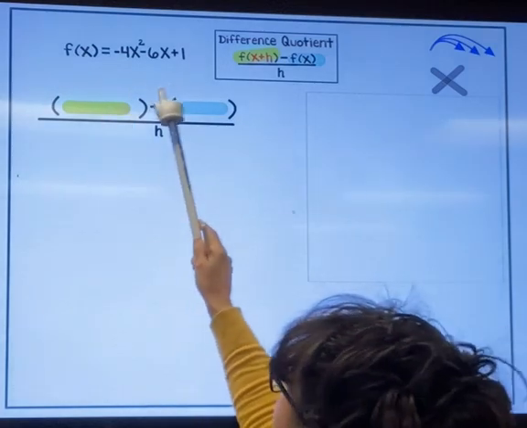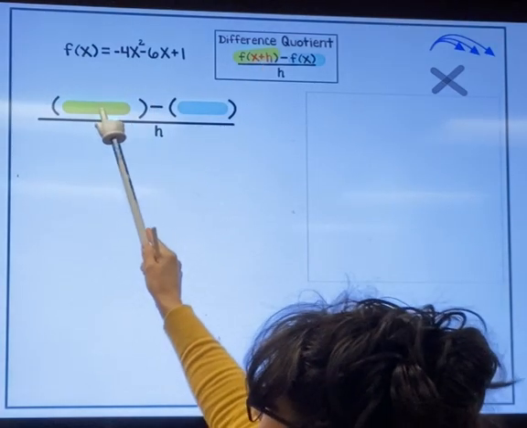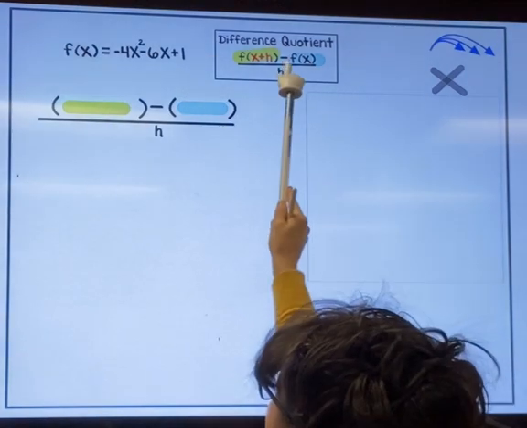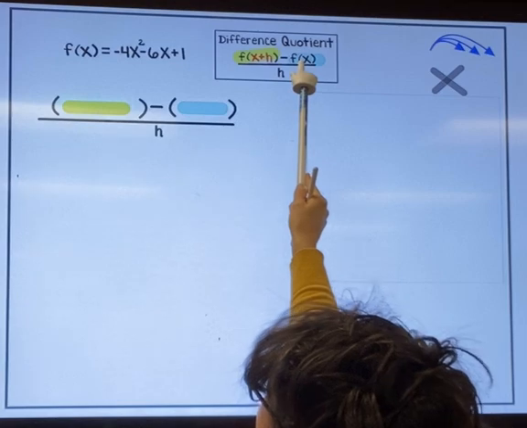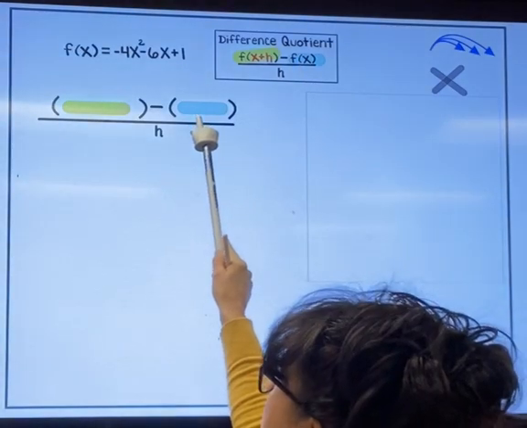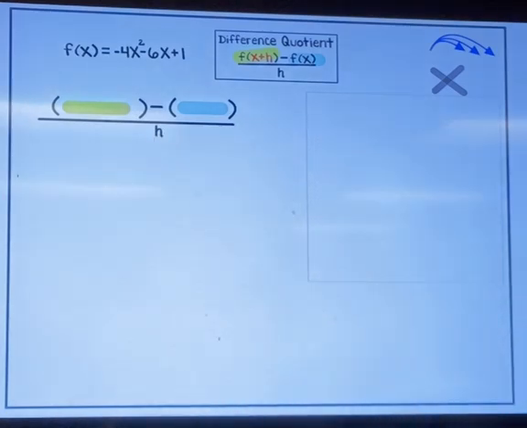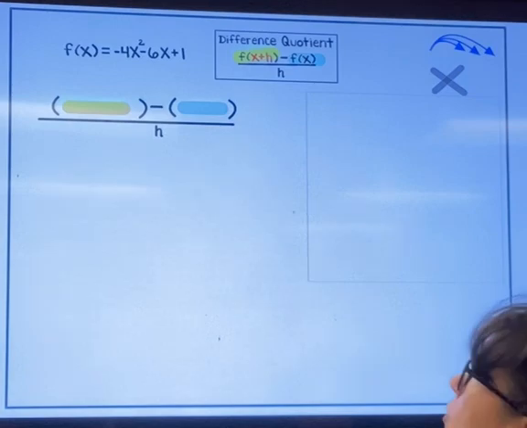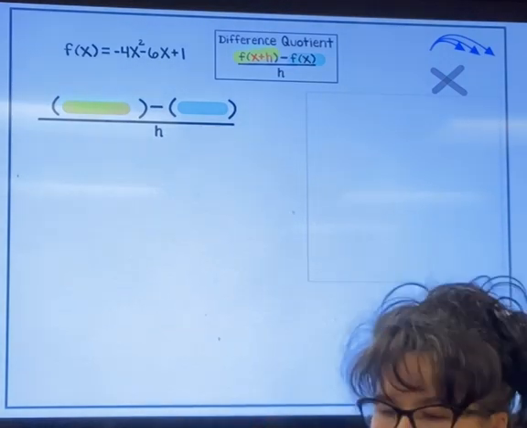So I need to find f of x plus h and put that answer inside of those parentheses. Minus is minus, and then put f of x, the function, inside of that set of parentheses, and then I have over h. Now this time I'm going to substitute the more obvious one right away. So see how I have f of x.